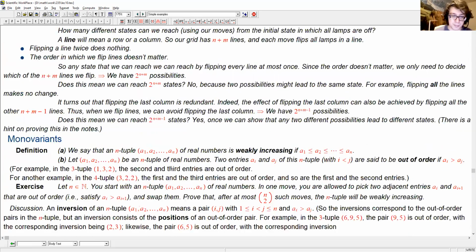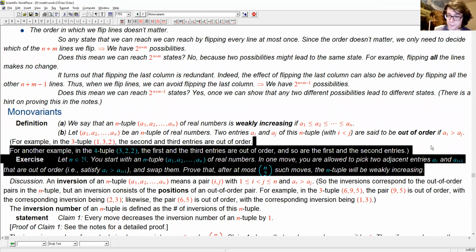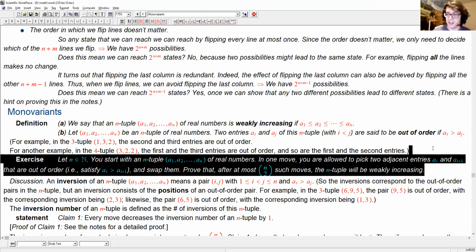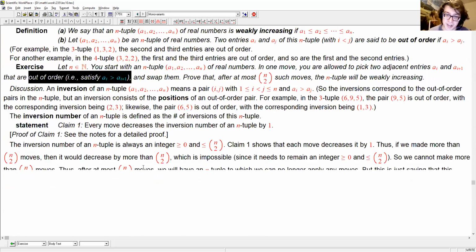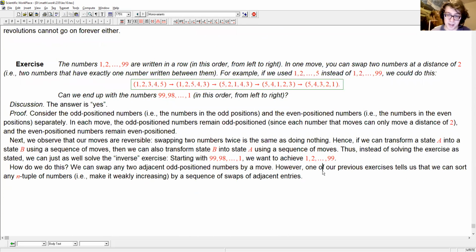This is this exercise. Actually, it says a little bit more. It says that you can get it sorted by a sequence of at most n choose 2 swaps, and not just arbitrary swaps, but swaps of out of order entries. But all we need is that these are swaps of adjacent entries.